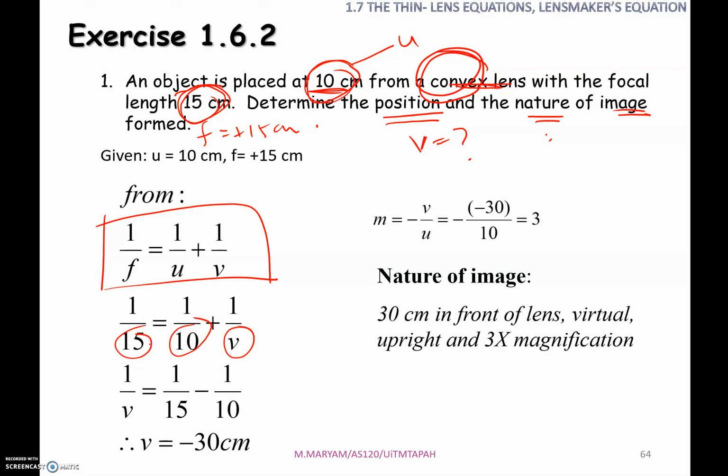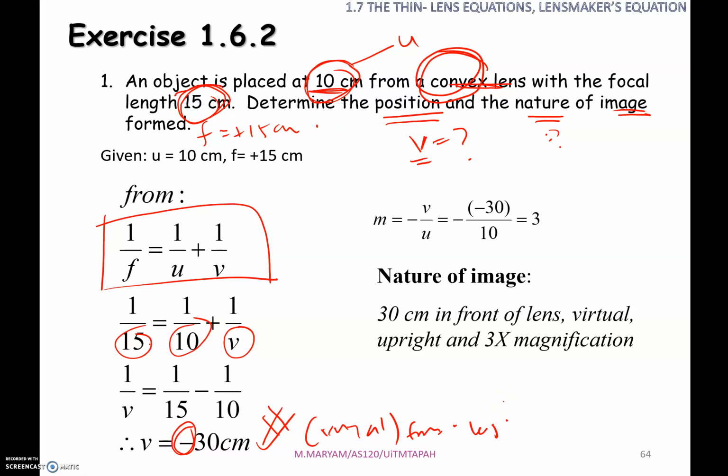Find your v, and you will get negative 30 cm. But this is not the end yet. You've only gotten the v. How about the nature? From the v, since this is negative, we know that the image is virtual, or at the front of the lens.